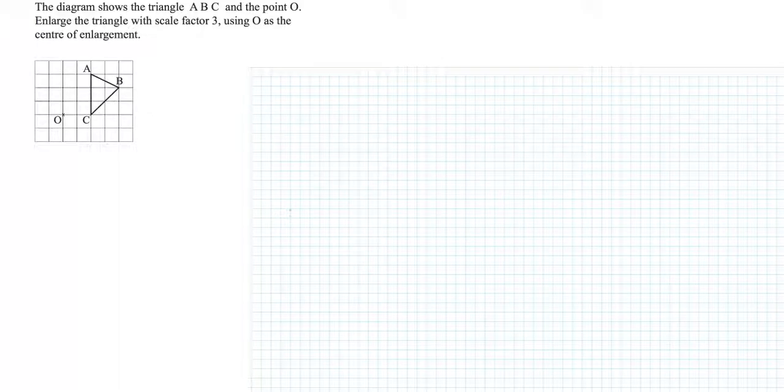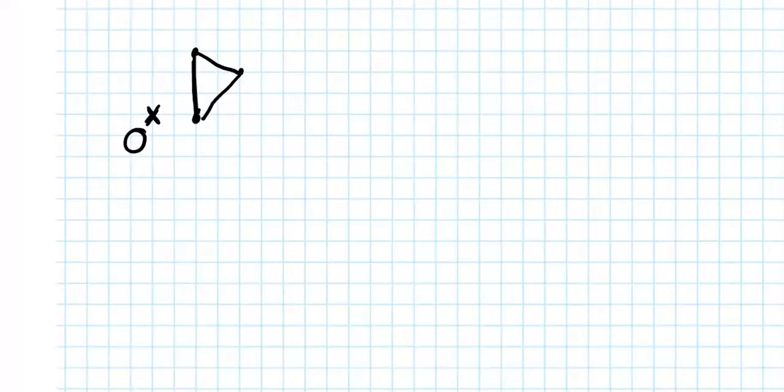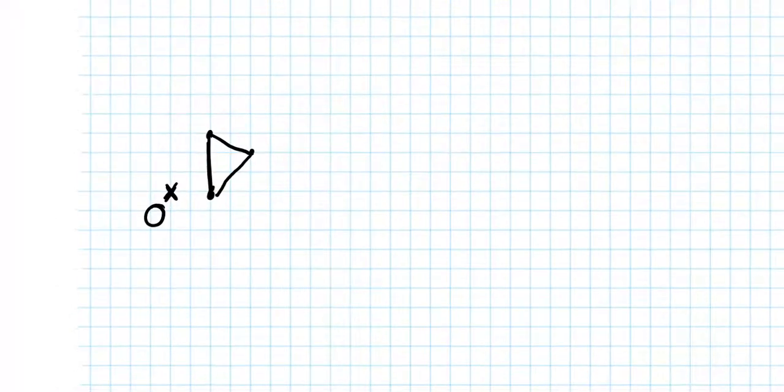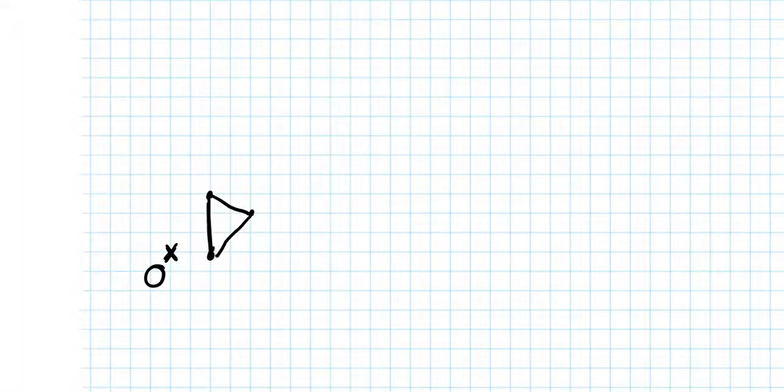We have a center of enlargement defined as O, and we have this shape, and I'm going to draw it exactly as it appears, but with a bit more space. There we go. So we're going to enlarge this with a scale factor of 3 using a particular center of enlargement.